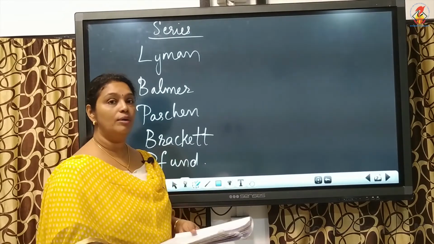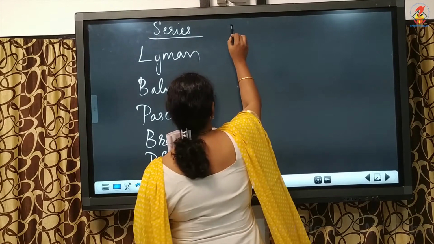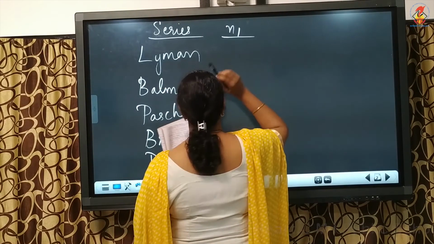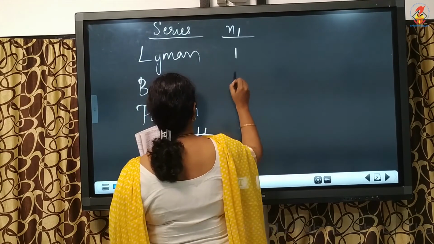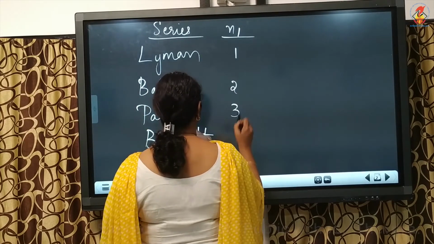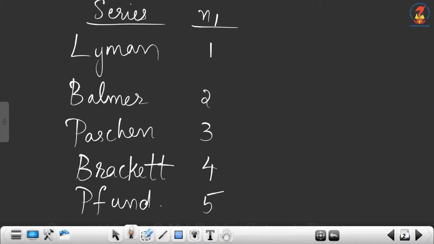Now, we have in the series n1, whose values are 1, 2, 3, 4, 5, and n2 is equal to n1 plus 1.